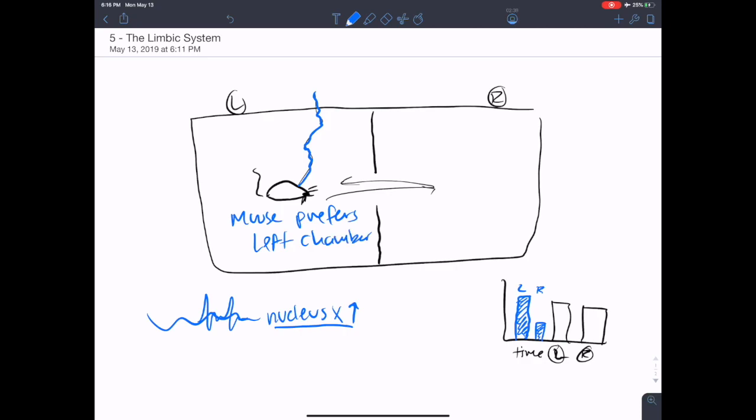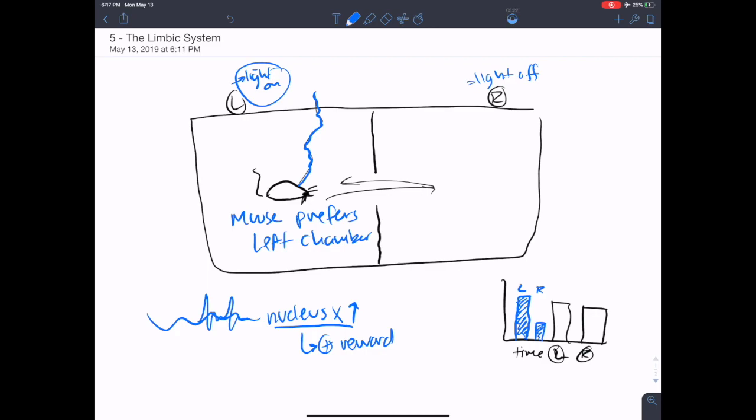One thing that's crucial to this experiment is that the light is on in the left chamber, and in the right chamber, the light is off. So the mouse is spending more time in the chamber in which the light is on. So we can say activity in the neurons in nucleus X must be responsible for positive reward, or neuronal activation that results in positive emotions.